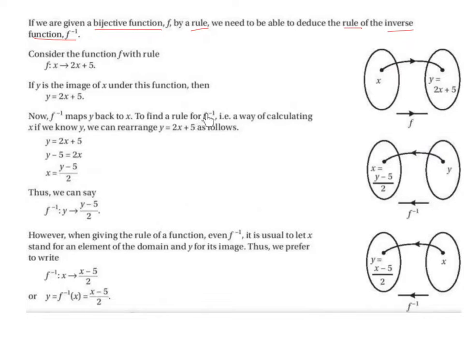To find a rule for the inverse of f, that is, a way of calculating x if we know y, we can rearrange y equals 2x plus 5 as follows. We have y equals 2x plus 5 and we want to solve for x. So we bring the plus 5 over the other side. It becomes minus 5. So y minus 5 equals 2x. And then we divide both sides by 2 to get the x on its own. So we get y minus 5 over 2. So we've solved for x. We now have x being the subject of the formula. Thus we can say the inverse of f maps y to y minus 5 over 2.